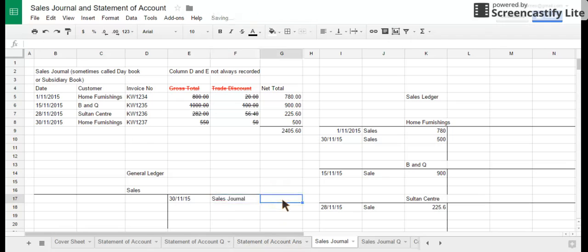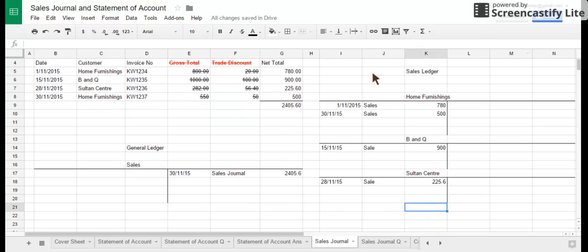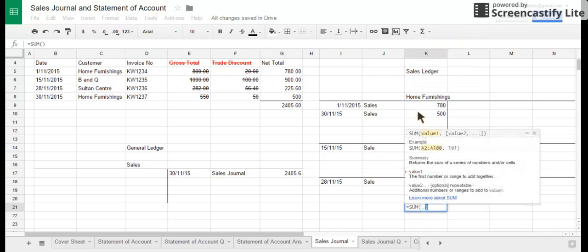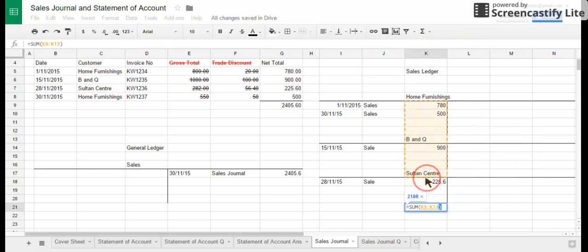The total is 2,405.60. And just a quick double check that I've done everything correctly: we can sum, add up the four entries, and get 2,405.60. So this time I've done it properly.